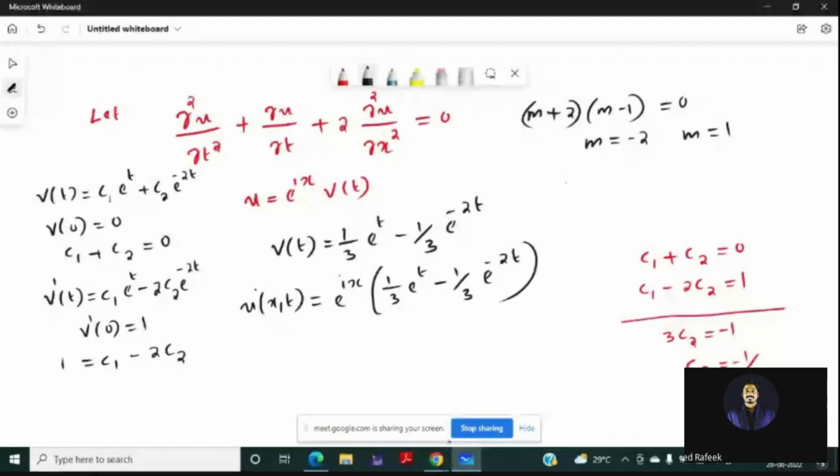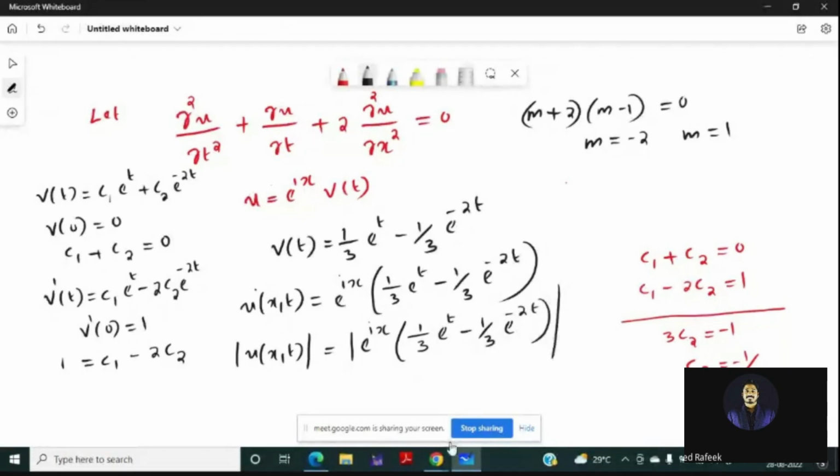Let us see the modulus of this. Now we can check each and every option. So mod of e raised to ix into 1 by 3 e raised to t minus 1 by 3 e raised to minus 2t. Of course, e raised to ix is nothing but cos x plus i sin x.